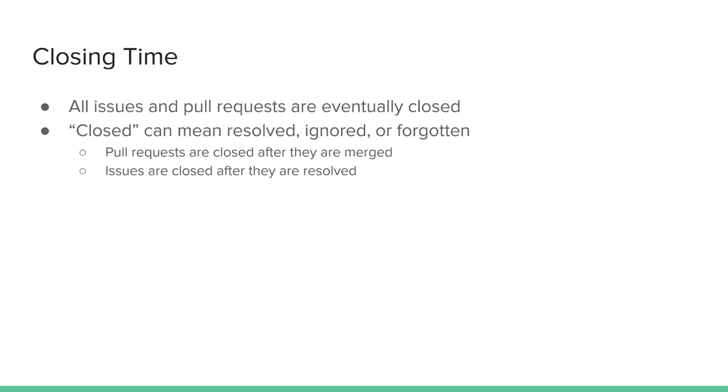Like if a pull request is made and whoever's leading that project decides it's not what they want to happen in the repo, it just gets ignored and closed or forgotten about. Sometimes issues will linger for a really, really long time and just don't get any attention. They're sort of just closed because they're inactive. So it can mean a lot of different things, but most commonly it means either resolved, ignored, or forgotten about.